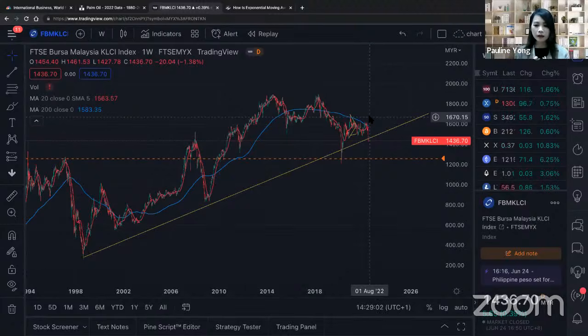If you are asking me about the KLCI index, then I will use a moving average. I don't use an EMA. I just use a moving average, 8 and 20. So it depends on what stock you are looking at. It really depends on the behavior of the stock itself. Then only you can say, okay, for this behavior of the stock, I'm going to use this EMA or moving average or whatever.